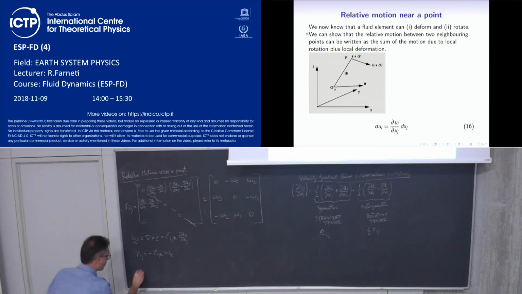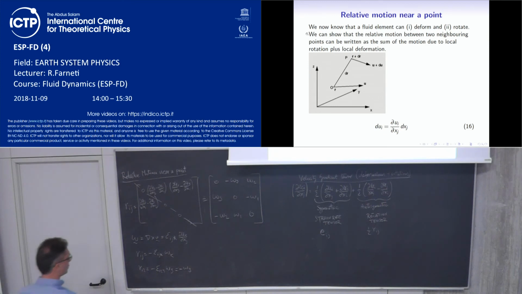You can try this out. If you do R12, this is going to be epsilon 121, 2 repeated indices, 0. Epsilon 122, 2 repeated indices, 0. Minus epsilon 123 omega 3. This is 1 plus 1. So this is minus omega 3, which is this one.